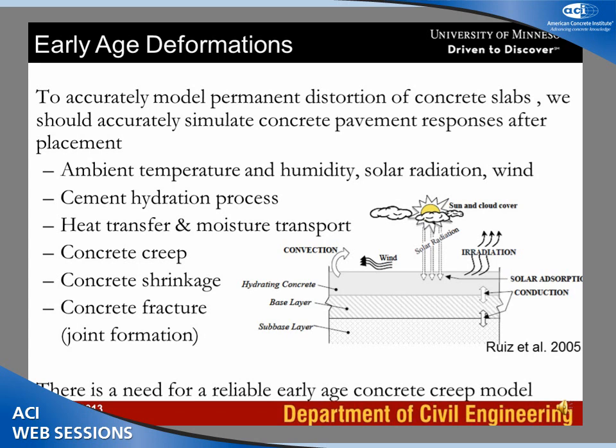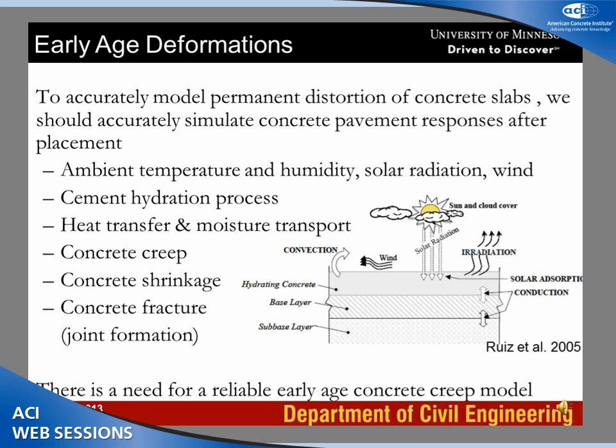As for shrinkage, here we have a little bit more data, but still everything should be focused on early age. And finally, concrete fracture should be reconsidered, again especially at early age, because the time at which joints are formed will affect our built-in curl, or initial construction shape.